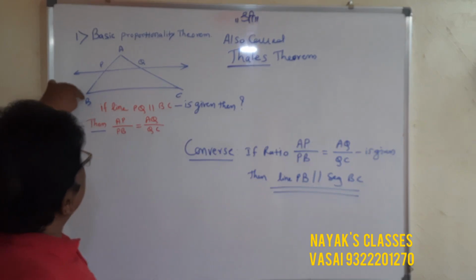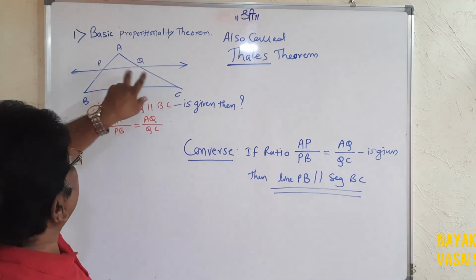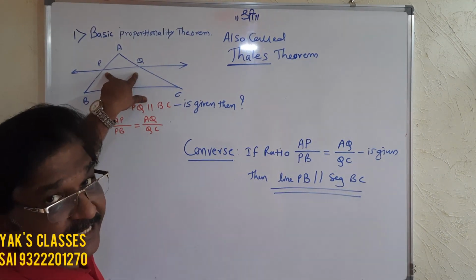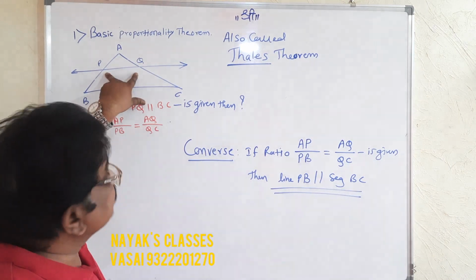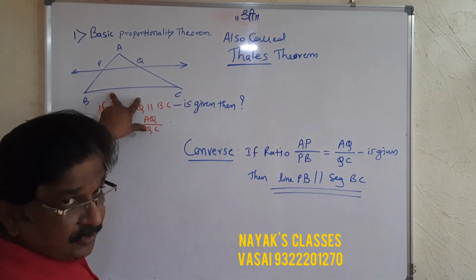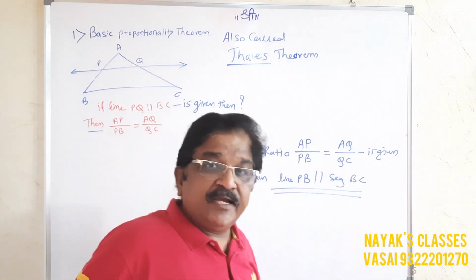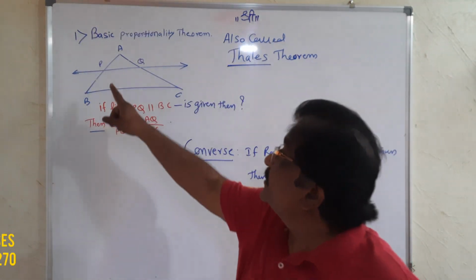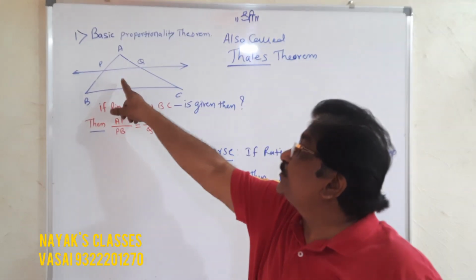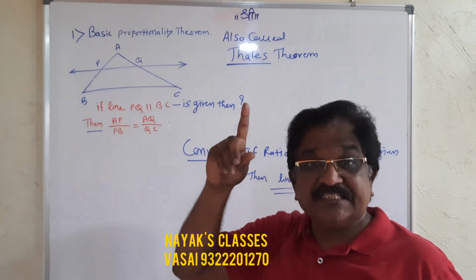Suppose triangle ABC is given and segment PQ is parallel to BC. In this triangle ABC, segment PQ is parallel to BC. This is given.